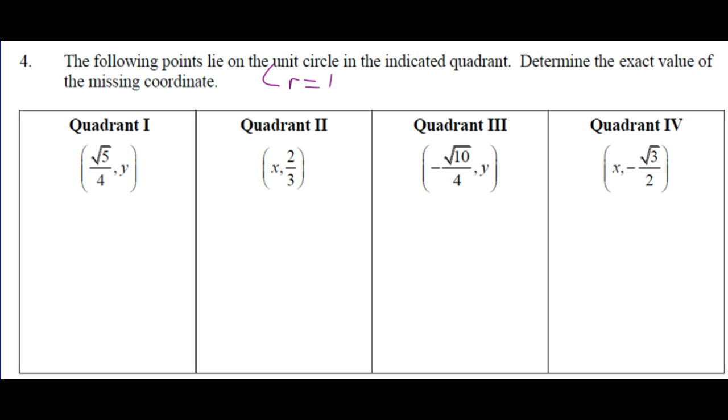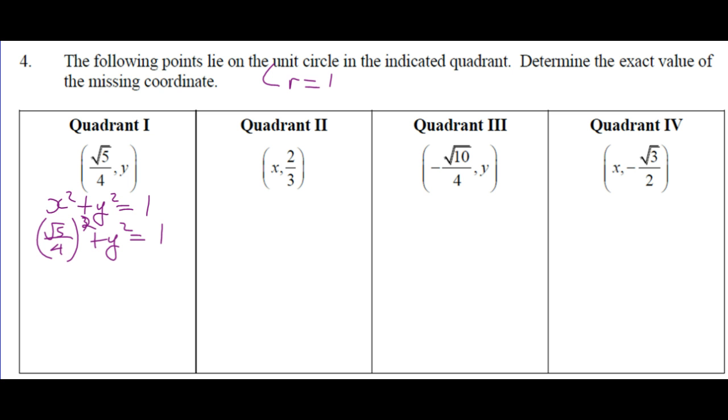And we know that x squared plus y squared is equal to r squared, which in this case is 1, so it's a unit circle: x squared plus y squared equals 1. We have an x value, so the root of 5 over 4 quantity squared plus y squared is equal to 1.